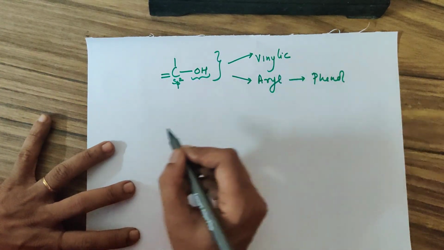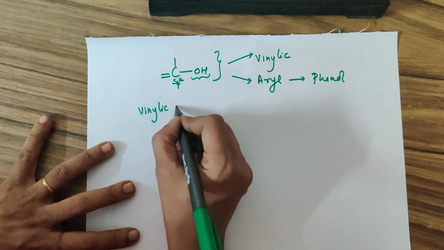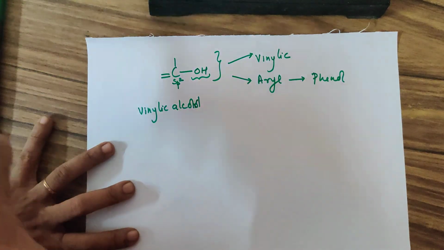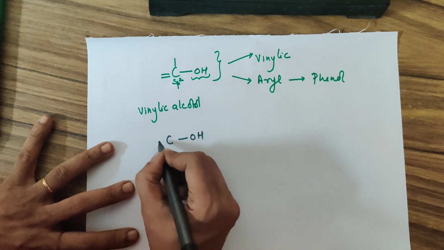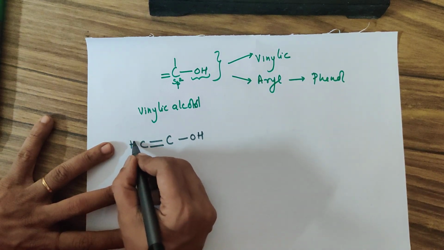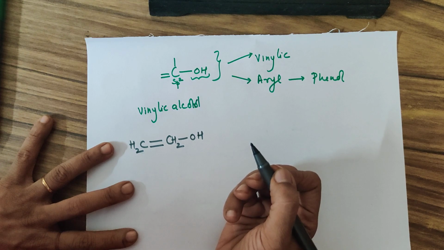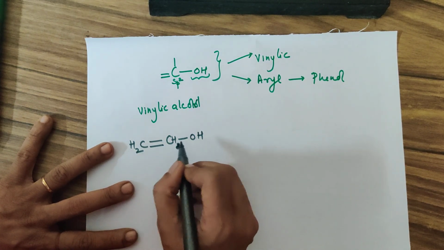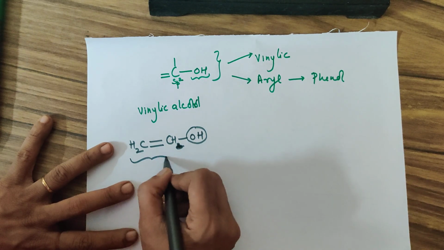Now when I talk about a vinylic alcohol, this one has an OH group attached to a carbon which itself is involved in a double bond. So you have a CH2, you have a CH. This falls under the category of vinylic alcohol, where OH is attached to a carbon which is involved in a double bond itself.